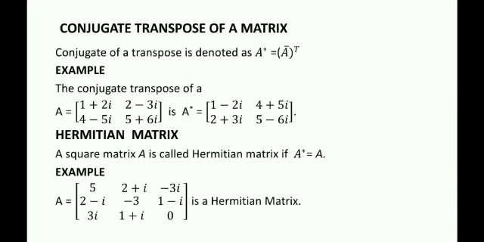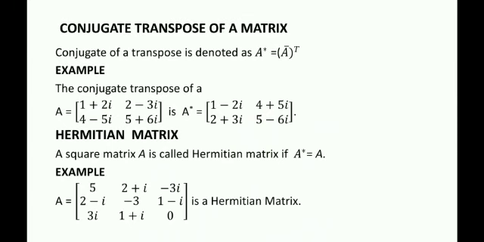Conjugate transpose of a matrix. Conjugate of a transpose is denoted as A star. That means if we find conjugate of a matrix and we transpose that matrix, then the resulting matrix is called conjugate transpose of a matrix and it is denoted by A star.